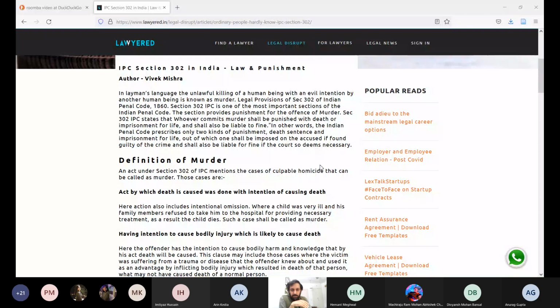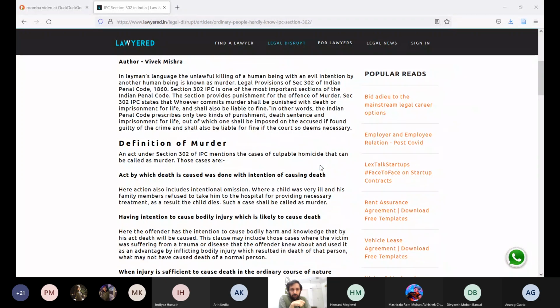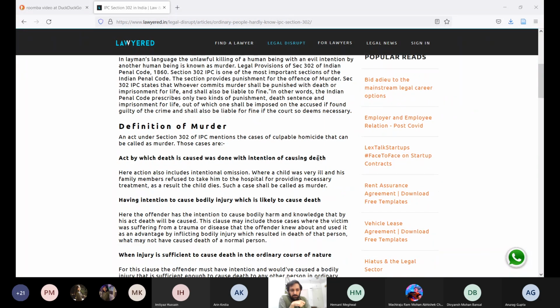Okay, so this is some random website I just opened for murder under the IPC, and you can say, look, here's the definition of murder. It involves, for instance, acts by which death is caused, done with the intention of causing death, or having the intention to cause bodily injury which is likely to cause death. And somebody could say, look, this term institutional murder just doesn't make sense. The IPC has a very clear, precise definition of murder.